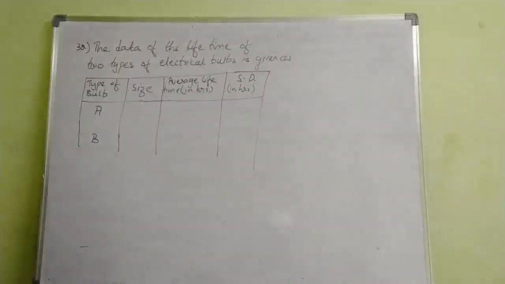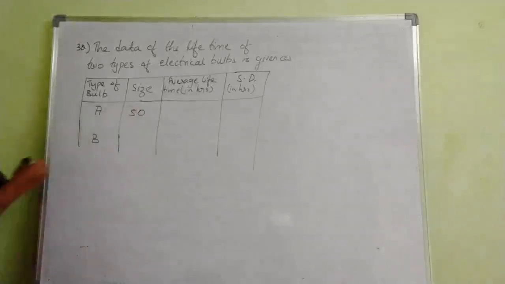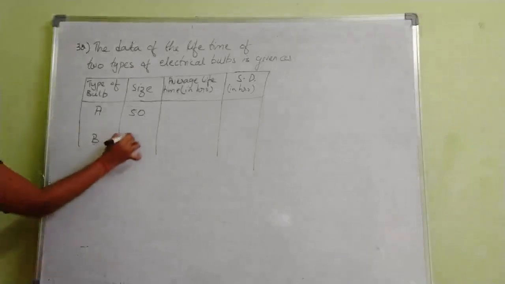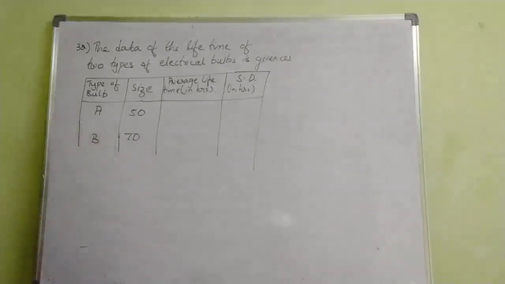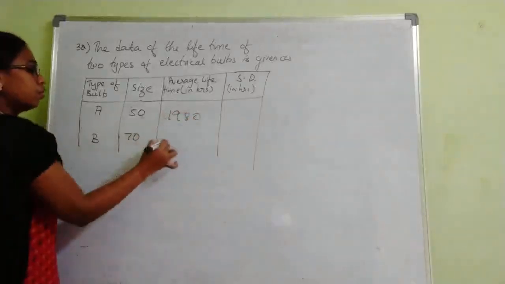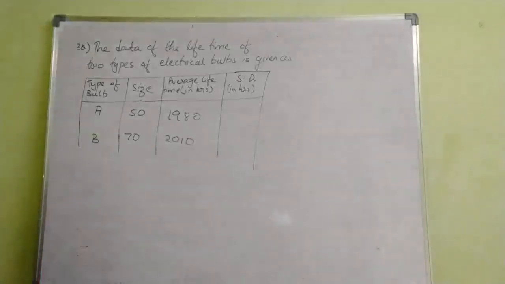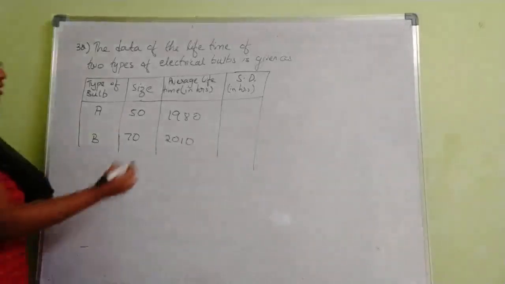So the values are: first sample size is 50, second sample size is 70, the average lifetimes are 1980 and 2010, and the standard deviations are given as 80 and 60.